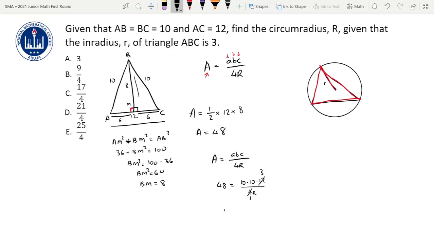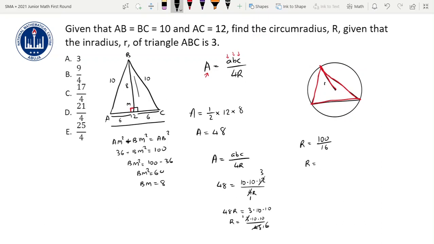When we cross multiply, we'll have that 48R equals 3 times 10 times 10. Then you can divide both sides by 48. So you have R equals 3 times 10 times 10 divided by 48. And 3 goes once into 3 and 16 times in 48. So you have that R equals 100 divided by 16.